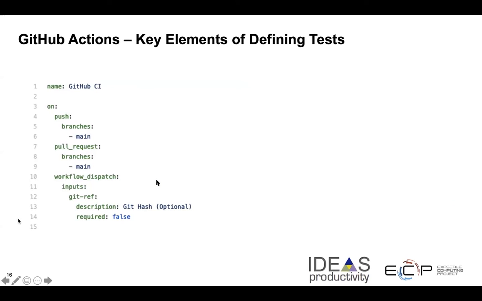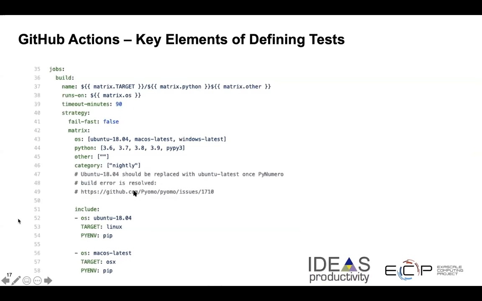When you're designing your tests, I've already talked about some of these key elements on what's running. There is actually a way to design your tests so that you test multiple different configurations of your code. So this build job might be templated with a target that comes from these different OSs.